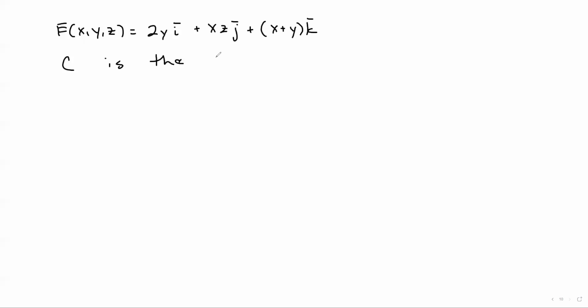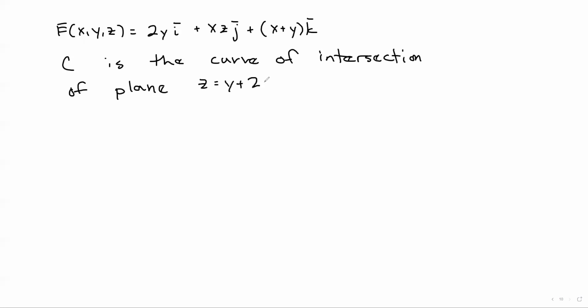C is the curve of intersection of the plane z equals y plus 2 and the cylinder x squared plus y squared equals 1.